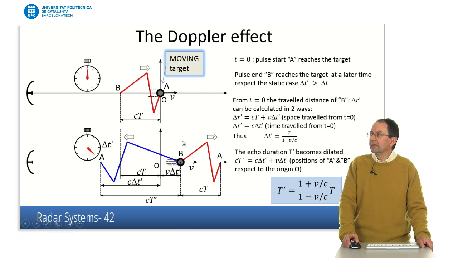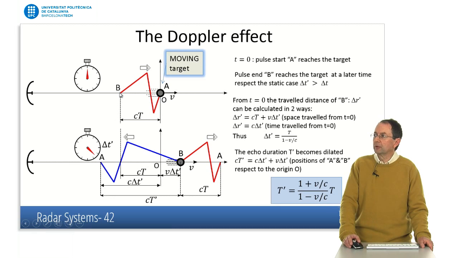Now, the distance which has been traveled by B from t equal to 0 to delta t prime is this one here. In this case, we can measure the space which has been traveled by B in two different ways.